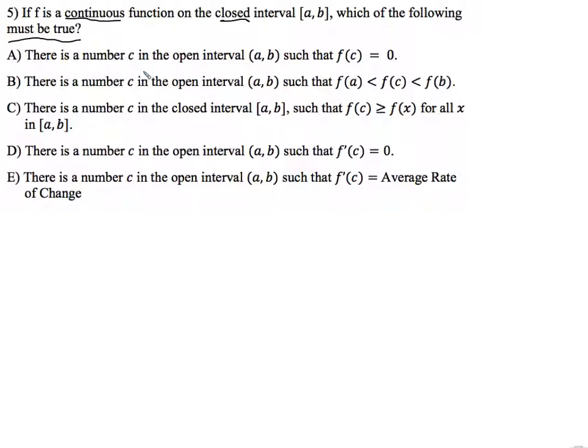Someone translate A for me. Quiet raised hand. I'll do it. Okay, Rosalie. There is a number point in the open interval AB such that the height of the point equals 0. Yeah, the height at some point equals 0.